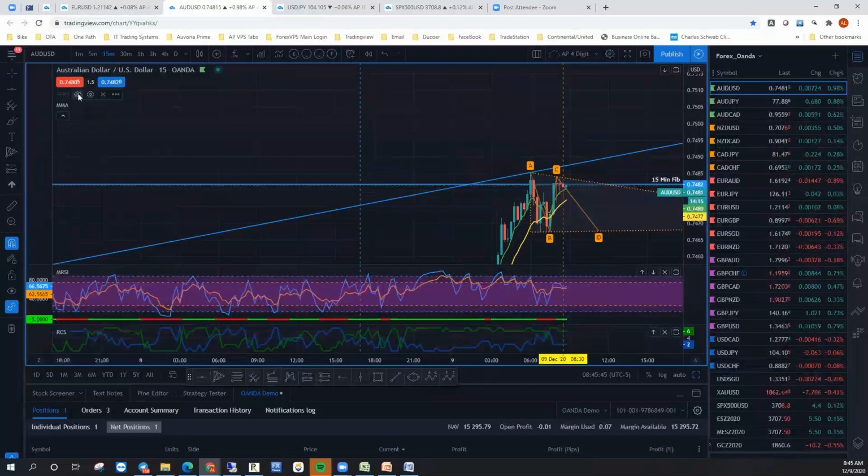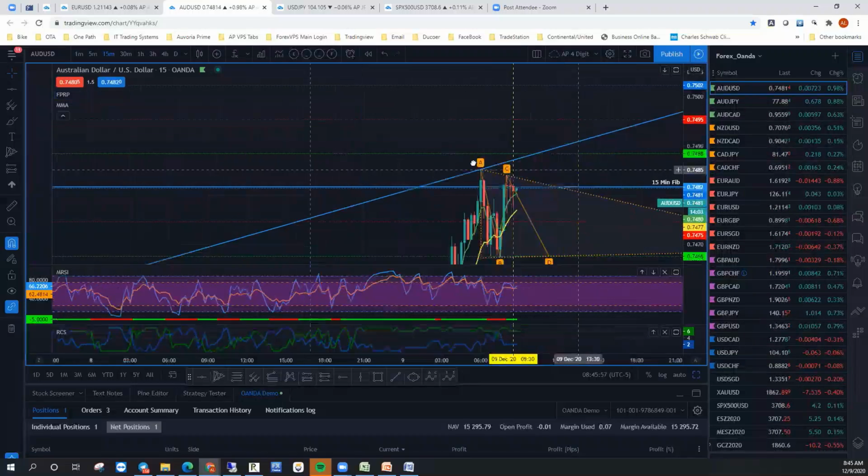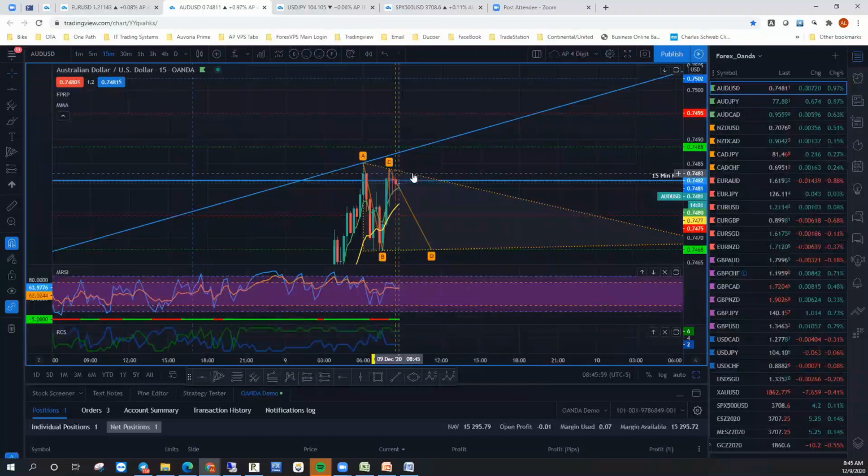If it does break the top, let's see where the target could be. Next target could very well be our 7-pip target, right here at the 74.88 level. That would be our 7 pips if we get the break. By the time we get the break, it's going to be halfway up into that area.